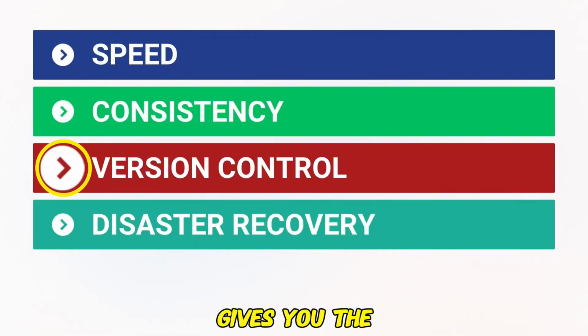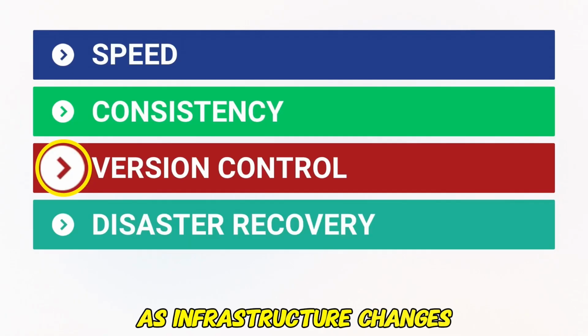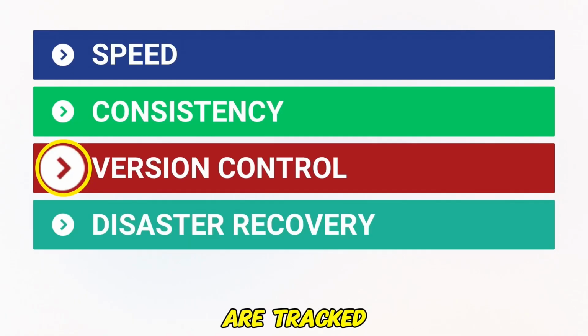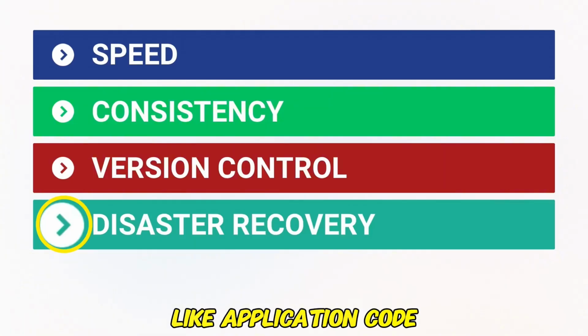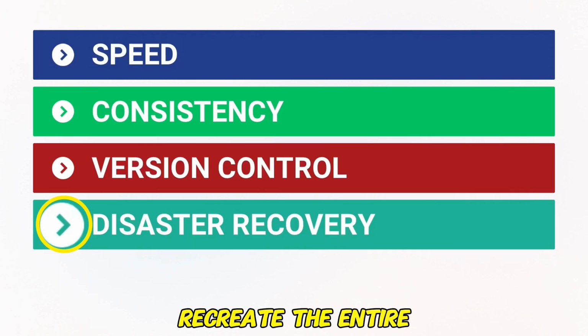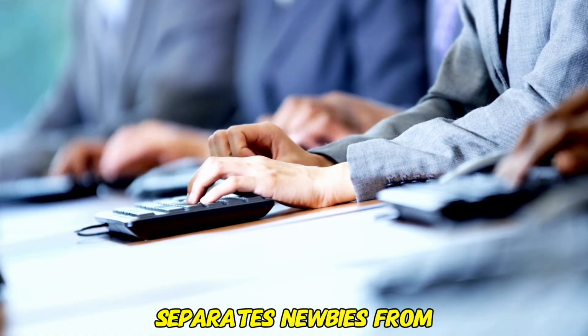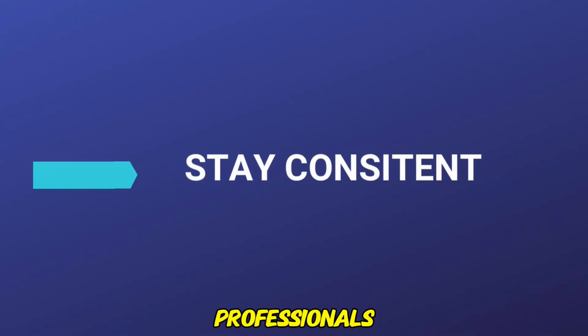It gives you the best version control as infrastructure changes are tracked like application code. Disaster recovery is not left out, as it easily recreates the entire environment. This is what separates hobbyists from professionals.